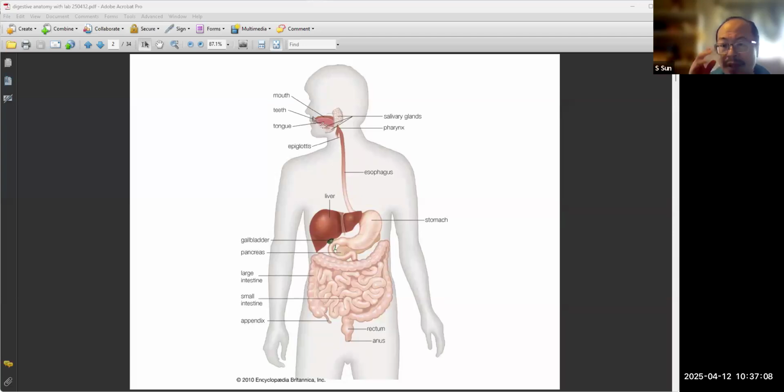There are more than that, but those are the primary key things that we need in our body. Breaking them down requires a lot of mechanical and chemical processes. So the mouth is the first one here.